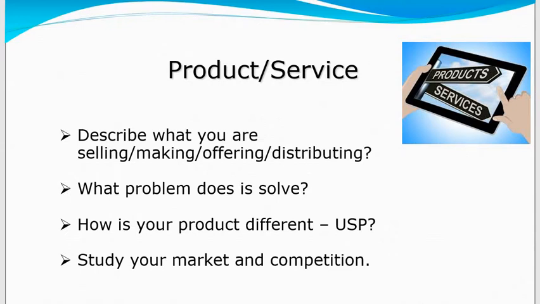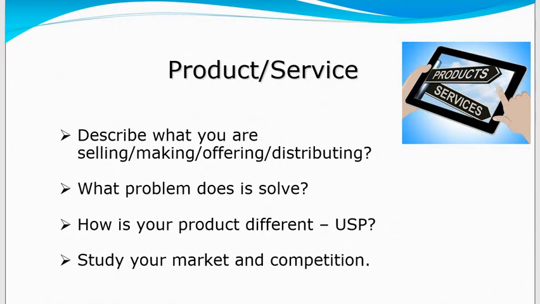Then think about it in terms of how your product is different from the competitors, what the competitor wants. In other words, what's your unique selling proposition? Because you would like to differentiate yourself from other products in the market.